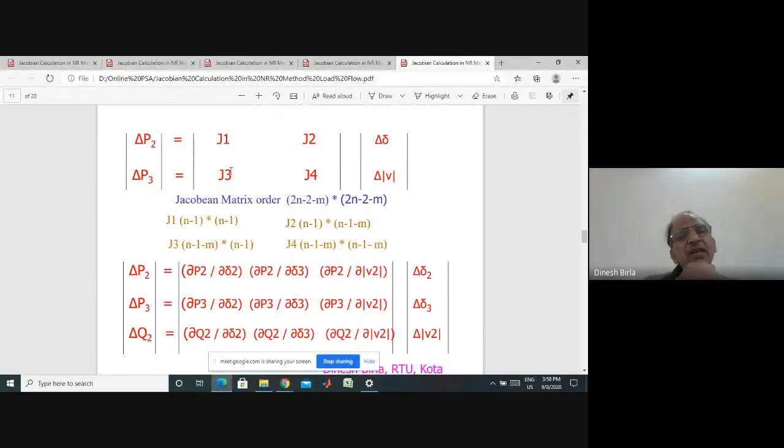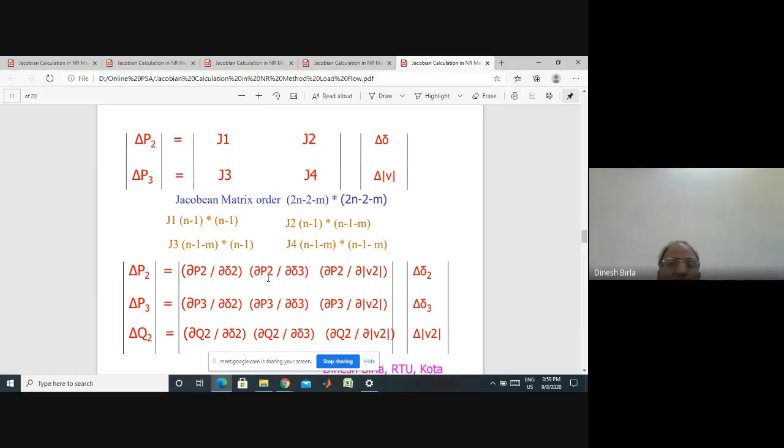First of all, we should study what is Jacobian. Jacobian has four sub-matrices: J1, J2, J3, J4. In J1, we have got the partial differentiation of active power with respect to angle.